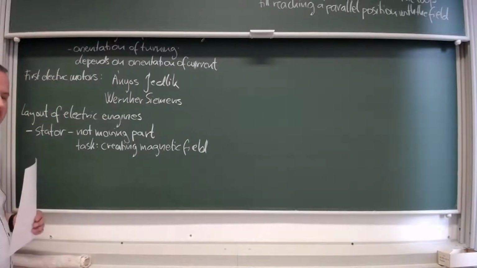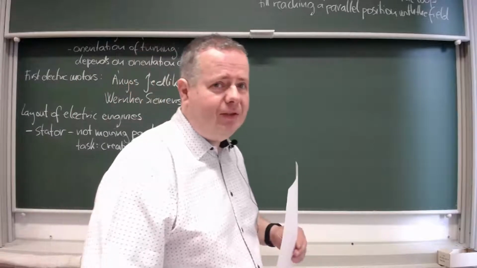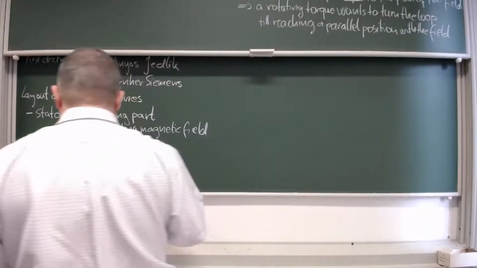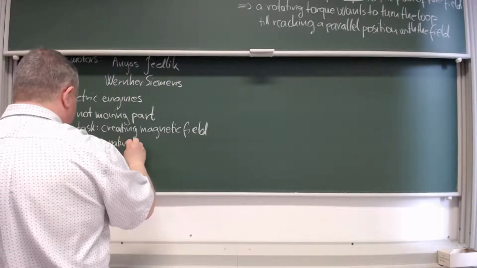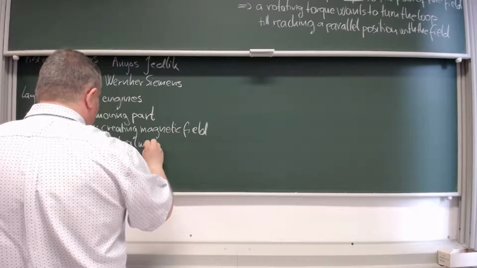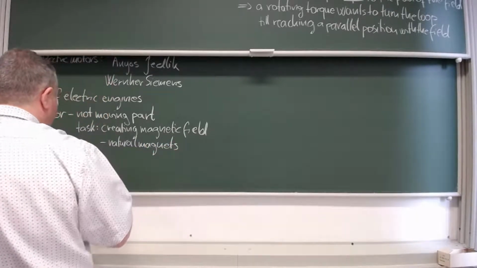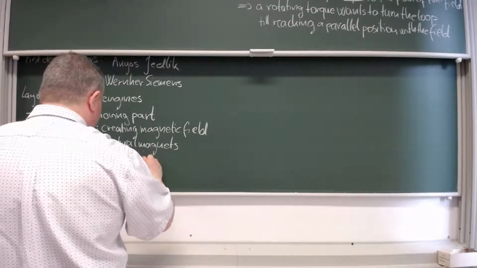How do we create a magnetic field? Either we use magnets, natural magnets, or, which is more common, we use electromagnets.